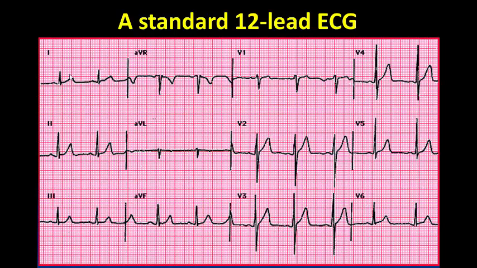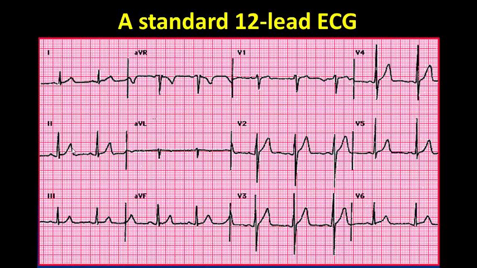So let's take a wave in lead 2 and measure the voltage of that wave. Let's take, for example, the T wave. So this is the T wave in lead 2, and this is the voltage. The voltage is on the vertical calibration. So this is the voltage of T wave in lead 2.